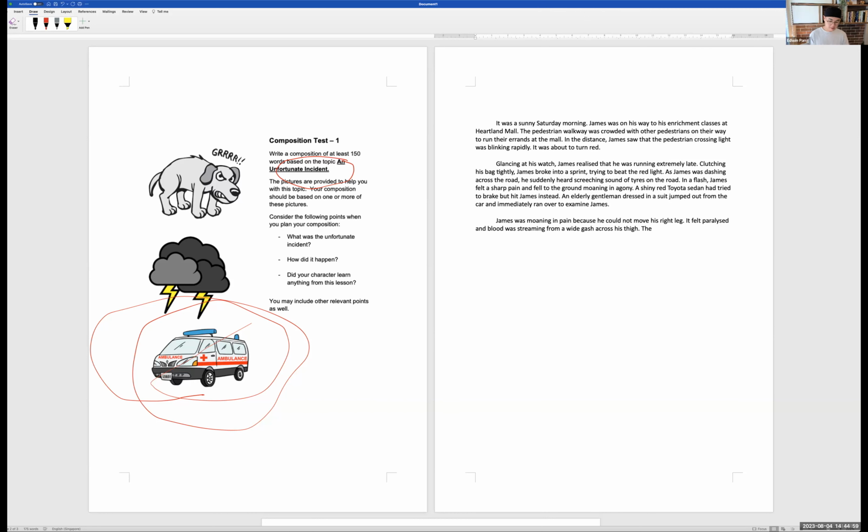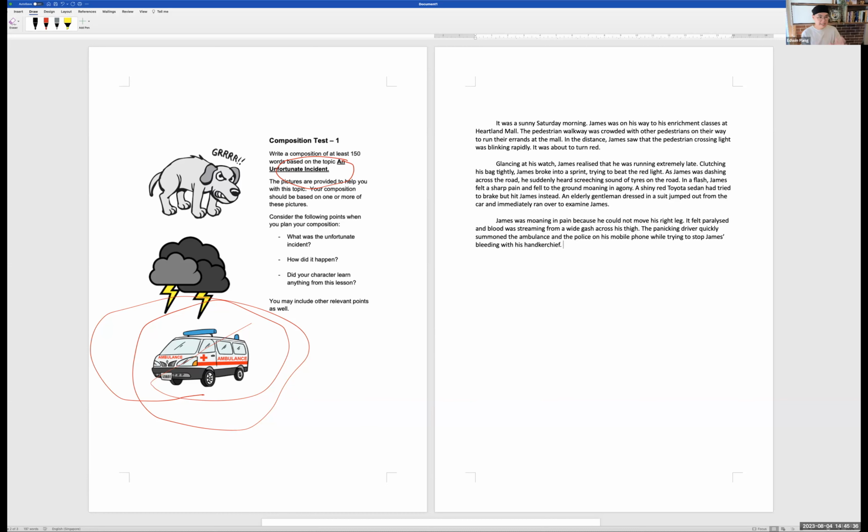The panicking, right? Because of course, if the driver knocks a person down, he'll be panicking, right? The panicking driver quickly summoned the ambulance and the police on his mobile phone while trying to stop James's bleeding with his handkerchief.